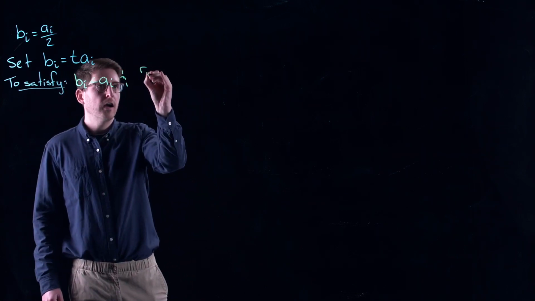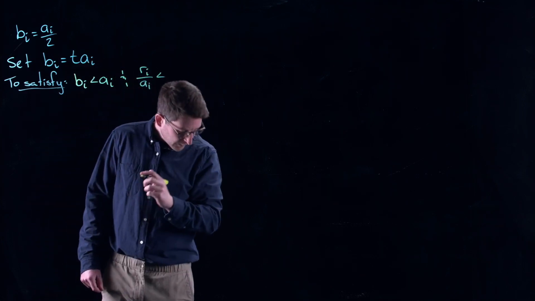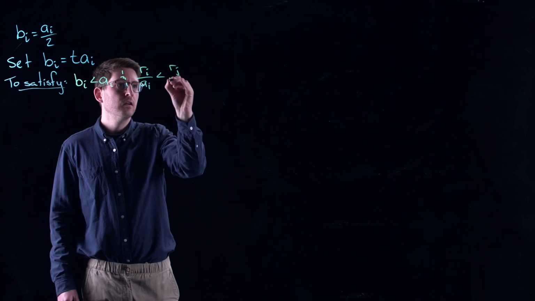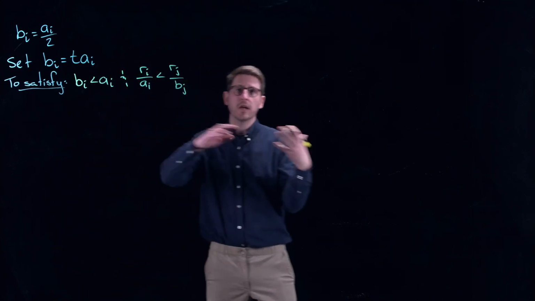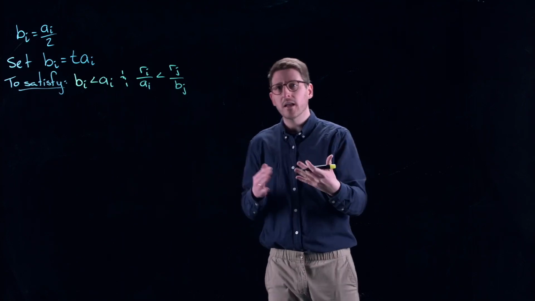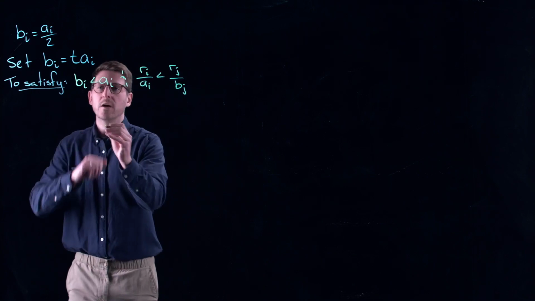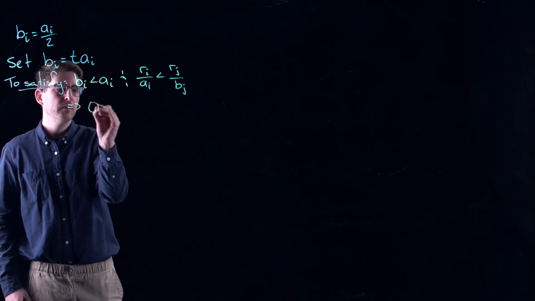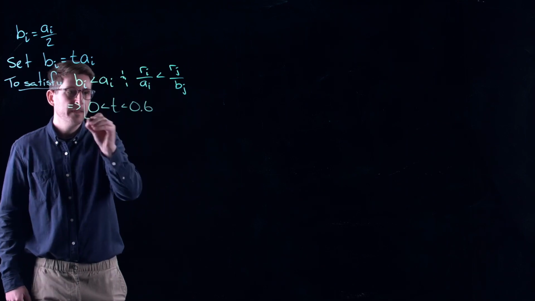So this was Ri over Ai is less than Rj over Bj. So in this case, I'm using i to be 1 or 2, and then j is the opposite one, right? So there's a lot of conditions here, but I don't want to write them all down. Essentially, to satisfy this, I have to have t between 0 and 0.6, okay?